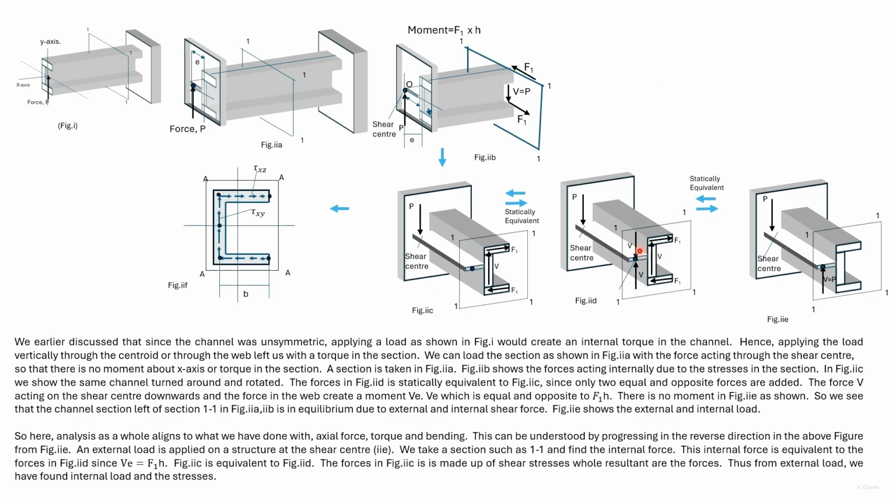This distance is E, and V into E is equal to F1 into H, which means that these two moments cancel each other. Figure E is equivalent to figure D. So we are left with one shear force acting on the section.